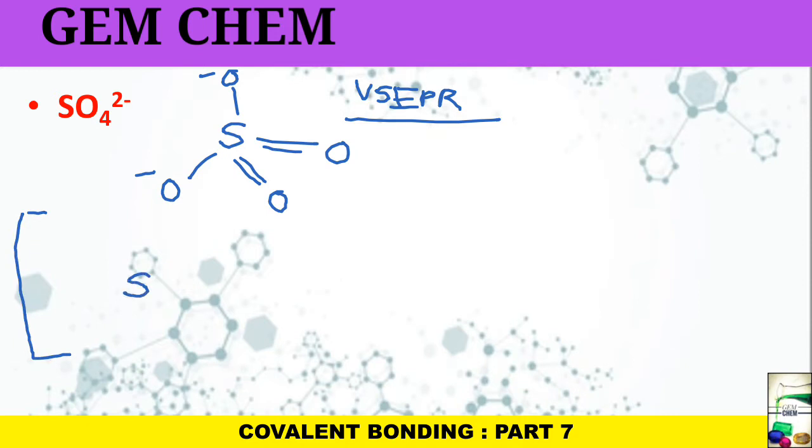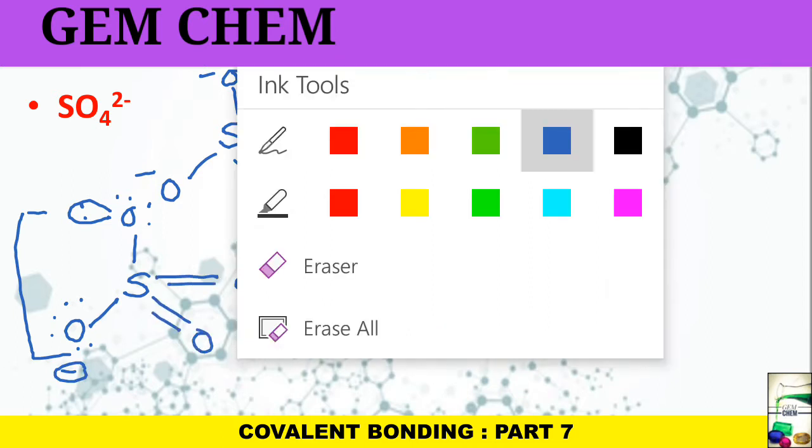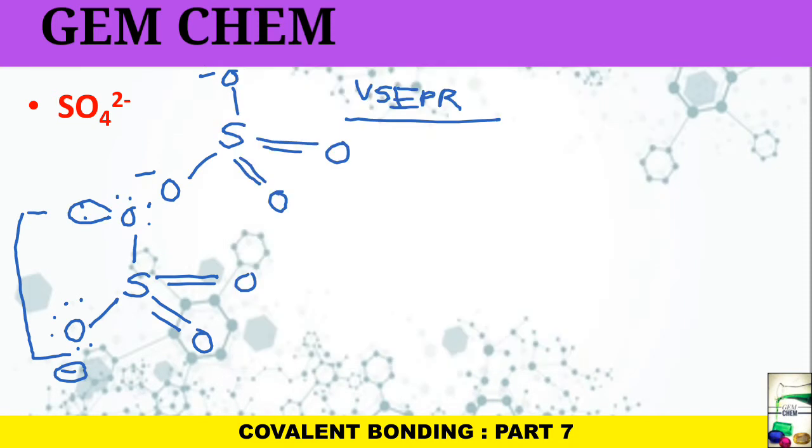That is, this sulfur has an oxygen with a lone pair like this, and the other pairs are there. Extra lone pair is present in this oxygen. Similarly for this one also, there are extra lone pairs and minus here. Here is a double bond oxygen and double bond oxygen. What happens is that the electrons present here come to this bond, and the electrons of this bond go over this oxygen.